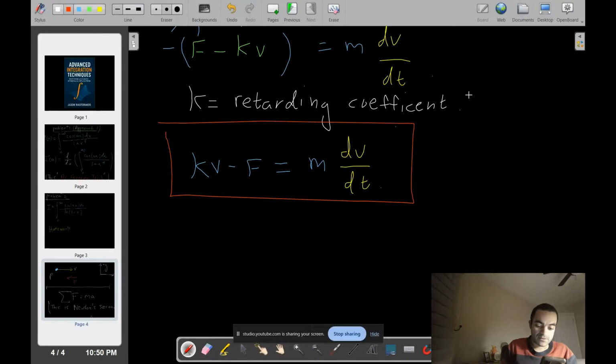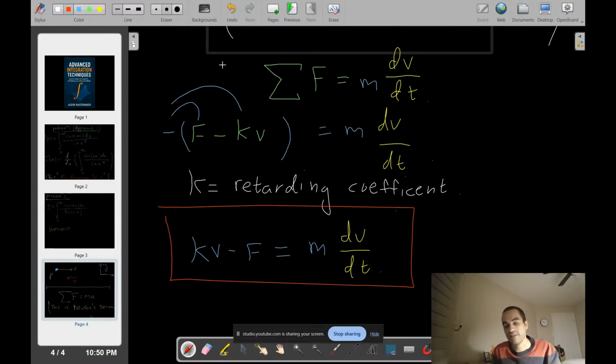As I said, I pretty much already answered that. Since it's a retarding force, it has to produce a negative acceleration, so it has to be in the form F minus kv equals m dv dt. That's a modified form of Newton's second law when we have a resisting force. So this model justifies it.